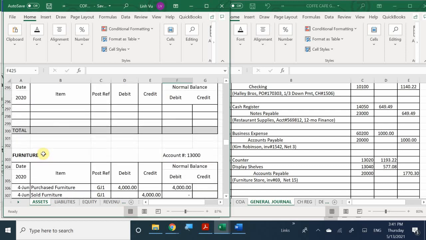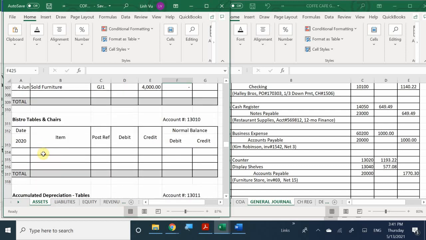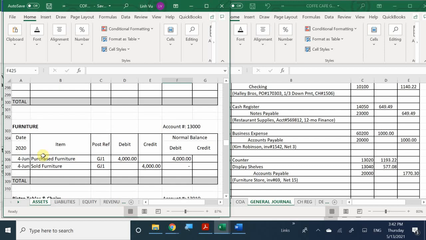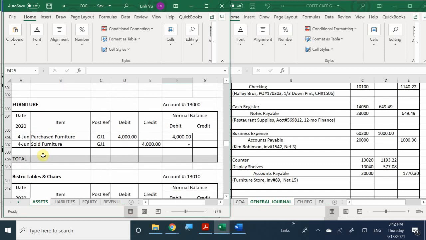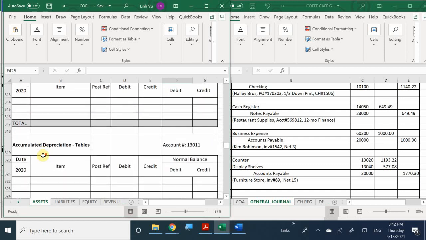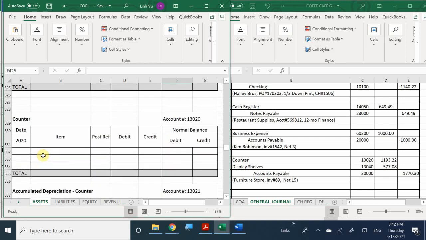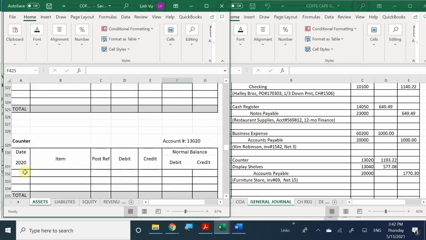The main account's furniture, but we have specific accounts for them. So we're breaking down the main account to solve for us receiving the counter and the actual display shelves. So here we have the counter. All right. You could say one counter, purchased one counter.